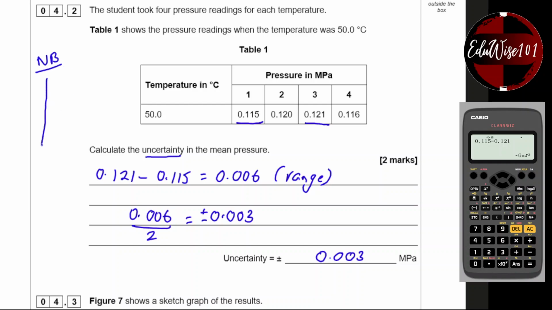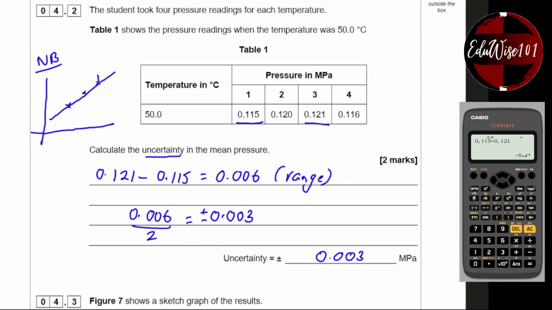Now, just to visualize the value of uncertainties, let's say in a graph you're plotting points for a line. These points are going to be the mean values for, let's say, 30 degrees, 40 and 50 degrees. So at 50 degrees, the mean value that you plotted is here. Its mean is the midpoint.